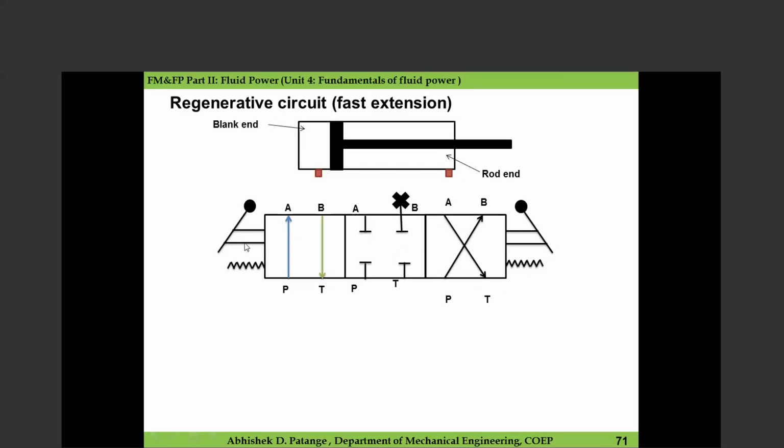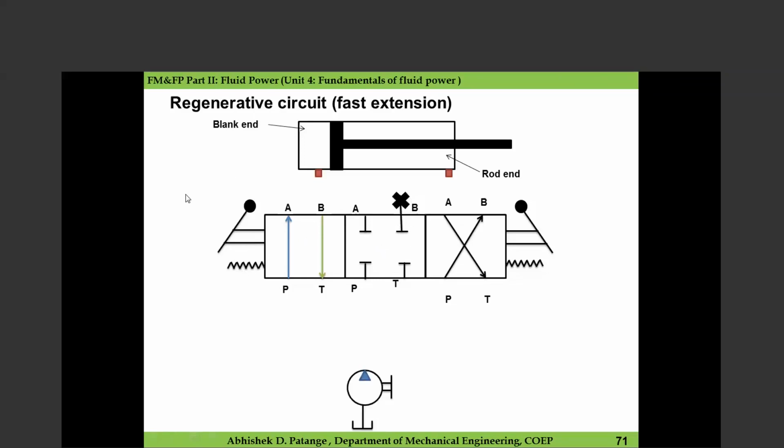If you release your hand from either hand lever, because of these two springs, the direction control valve will automatically come into the neutral or central position, position number 2. The blockage of port B externally and internally is the special arrangement for the regenerative circuit.